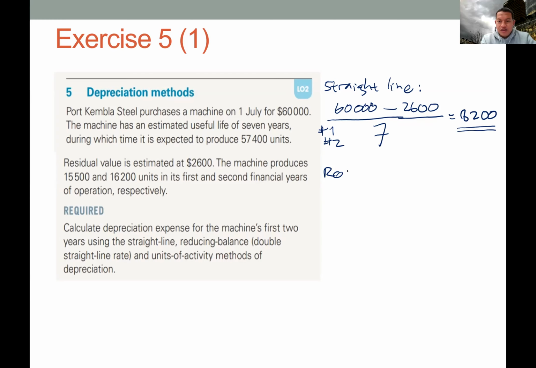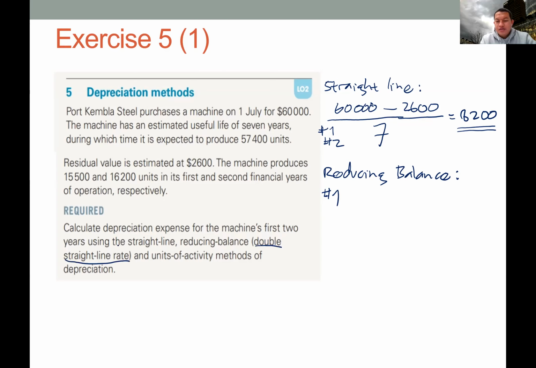Okay, so now let's use the reducing balance method. First, let's calculate for year one. We use the double of the straight line rate.